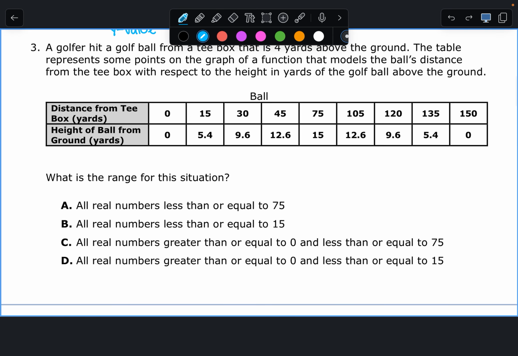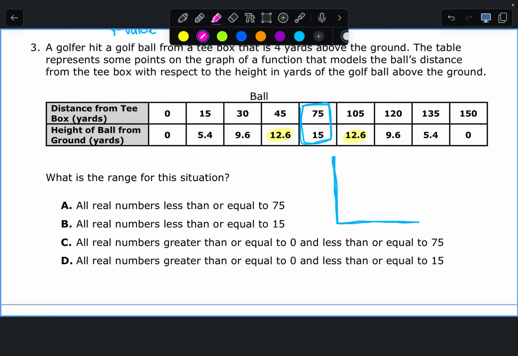So, I showed you guys how, once again, we are in the first quadrant. I showed you guys how to find the vertex from a table, starting from like day 1. What is the vertex in this table? Oh, it's 75, 15, because that is where the numbers peak or they start to change.